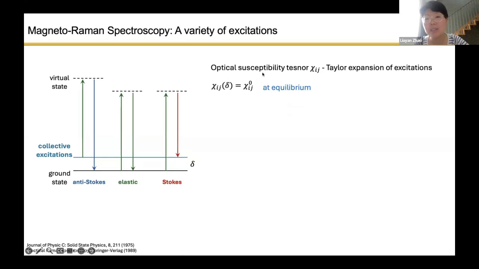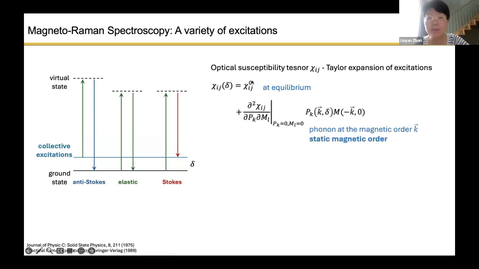So we are essentially detecting optical susceptibility in this process. And we know that the optical susceptibility is going to be changed by either order or excitations of the order. When they are very small, we can treat them as Taylor expansions of those excitations in this susceptibility tensor. If we assume there's no excitation, no order, then this is the equilibrium state, so it's chi_ij^0.